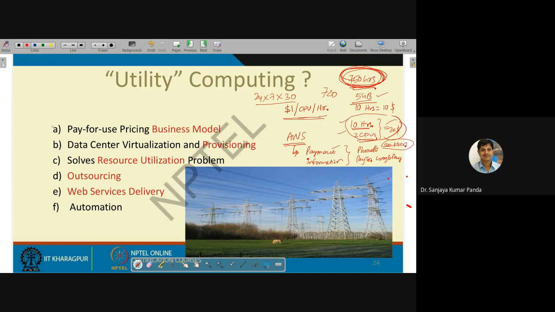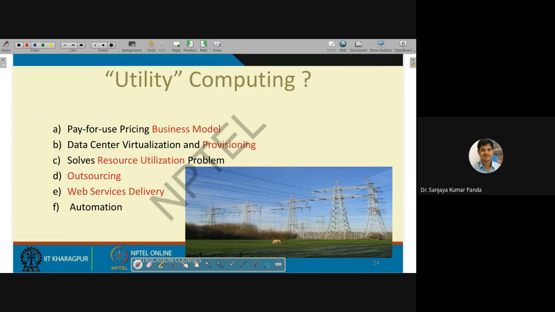So the business model we consider here is called the pay-for-use pricing business model. Based upon your usage, you have to pay. But note that once you exceed the 750 hours, they will deduct from your mentioned account.